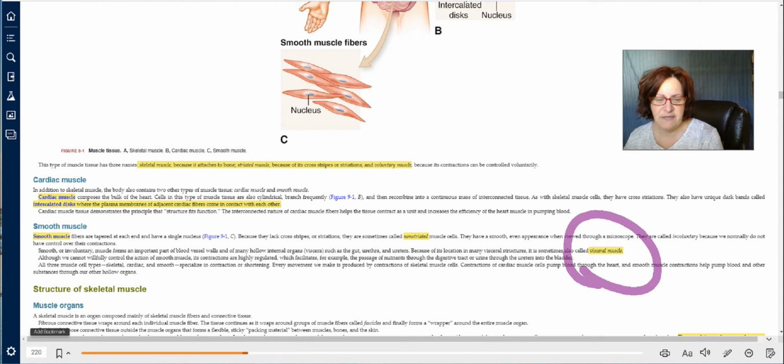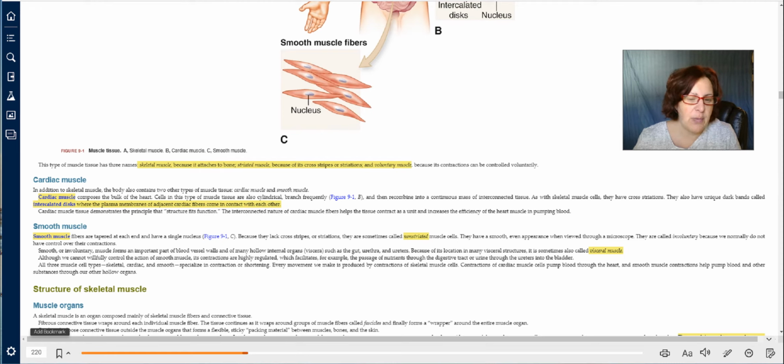This is the muscle found in our stomach, in the intestines, in the bladder. All of our organs have some muscle in them. Again, we do not control it. So when our body decides we need to urinate, those muscles contract or relax based on unconscious commands from our brain, but you and I do not think about it.